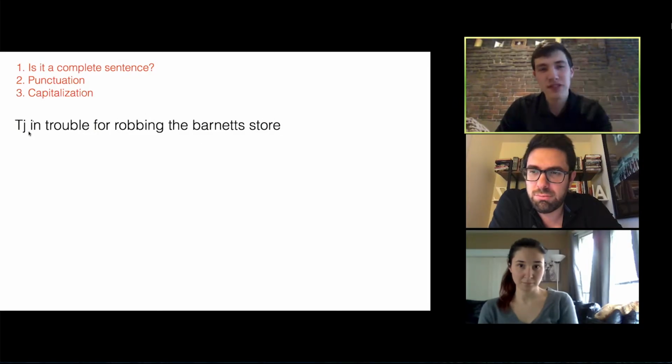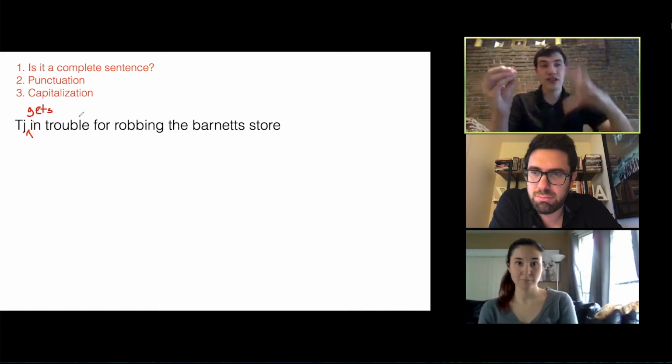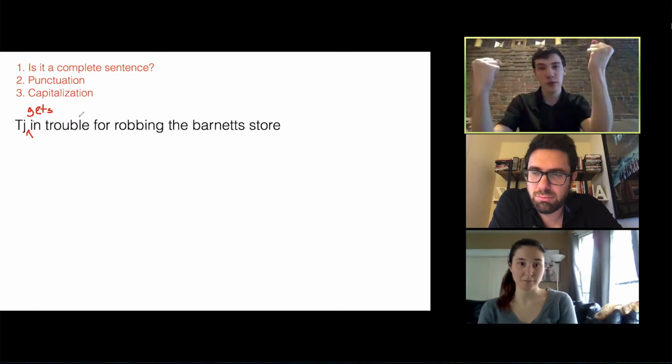So if I was going to put a blank right in here where my cursor is, TJ blank in trouble, I think I would use the word gets. So I'm going to put a little arrow there. I'm going to say TJ gets in trouble for robbing the Barnett's store. Now I hear that as one complete idea, right? I have a word here that's connecting TJ to the robbery.